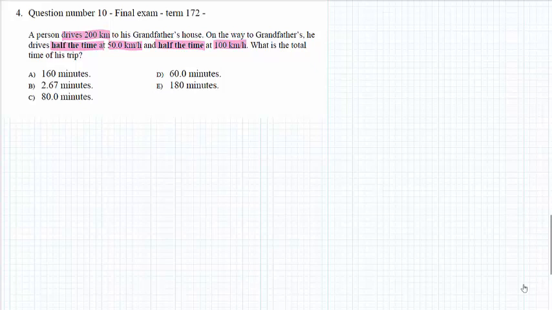So we can divide this trip into two equal times, not two equal distances, but two equal times. This is the first part and this is the second part, from A to B and from B to C. From A to B, the time consumed, I will call it T. And from B to C, this is the second part of the time, and it's the same because he says half the time and half the time.